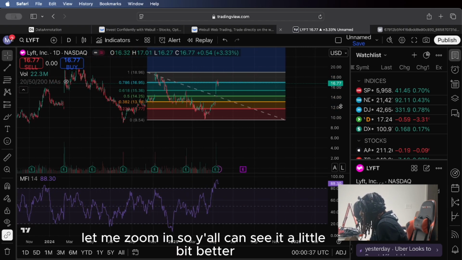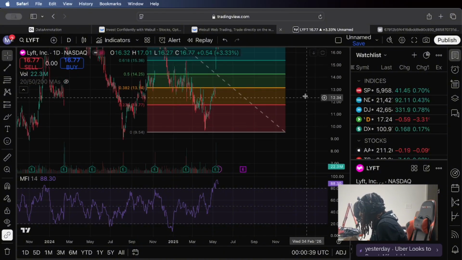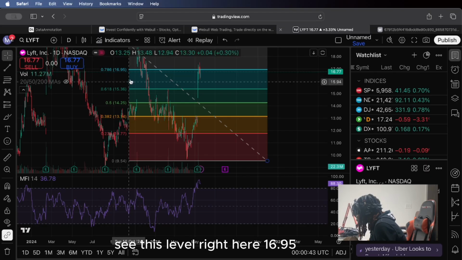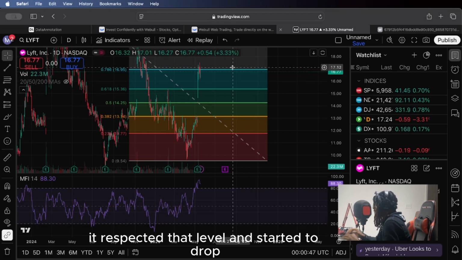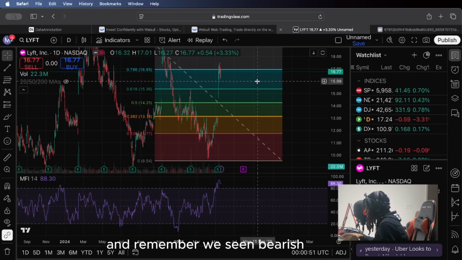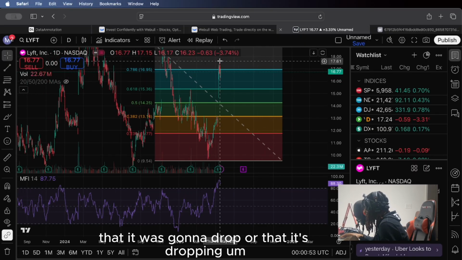Let me zoom in so y'all can see it a little bit better. See this level right here, 16.95. It respected that level and started to drop. And remember, we seen bearish confirmation from the divergence that it's dropping.